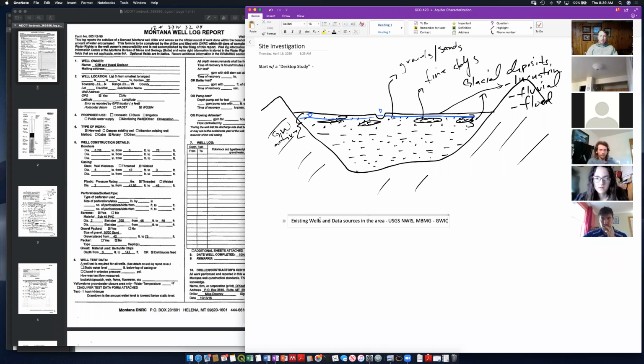All right, the other thing we can do to start building out a rough idea, I'd say the next step of site investigation, would be broad characterization via things like geophysics.